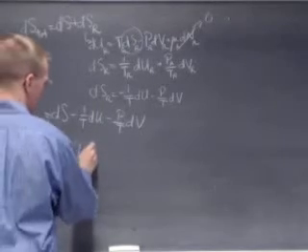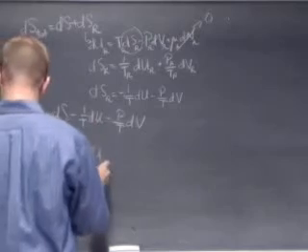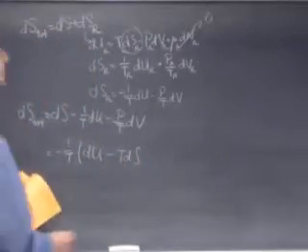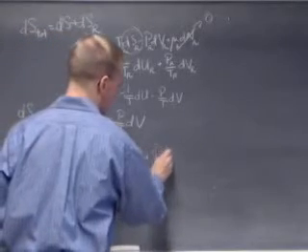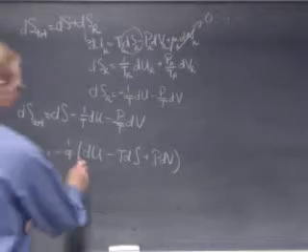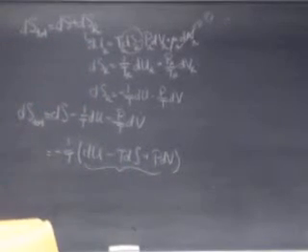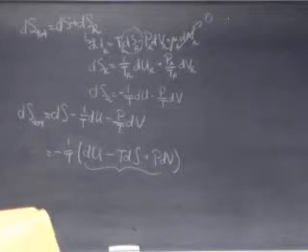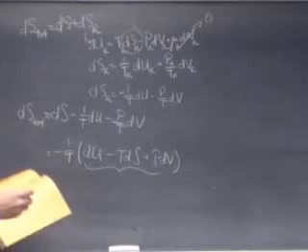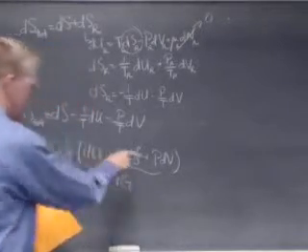I'll have minus 1 over T times, in parentheses, dU minus T dS plus P dV. Why did I pick that? Because if you take the definition of the Gibbs free energy and take the differential, it's just that.